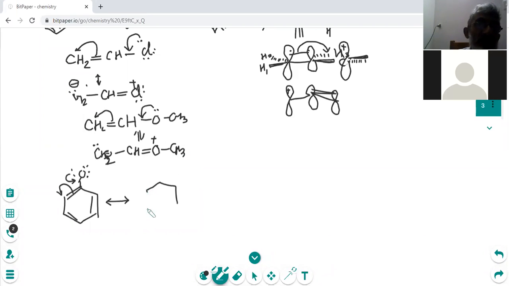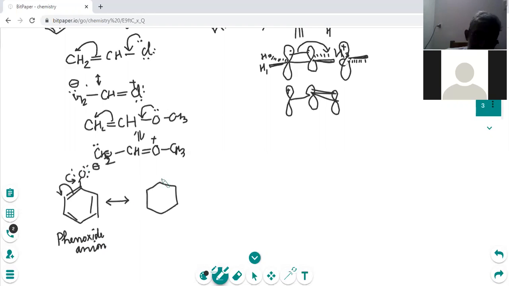Now here, see this. This lone pair of electrons is used up. There is a negative charge here. It's a phenoxide anion, phenoxide ion. Now look at that.